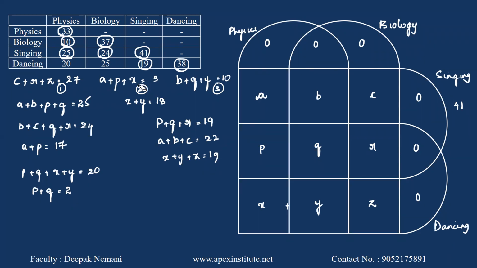This should be 60 minus 37, so 23. So if that is 23, then X plus Y is equal to 8. So if X plus Y is equal to 8, P plus Q should be equal to 12.